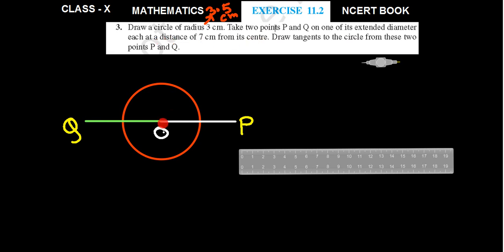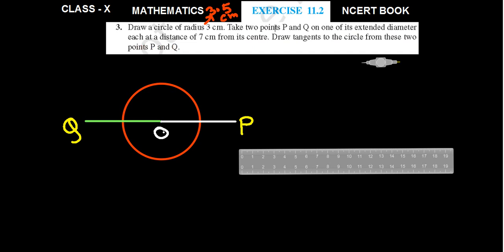So obviously the length of OP is 7 centimeter and OQ is also 7 centimeter. Now the next part of the question is to draw tangents to the circle from these 2 points P and Q.